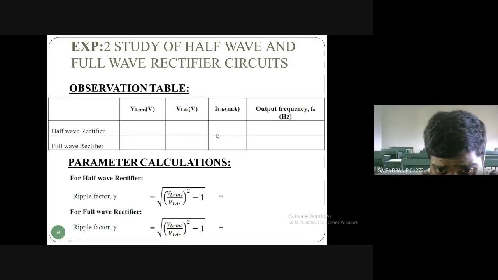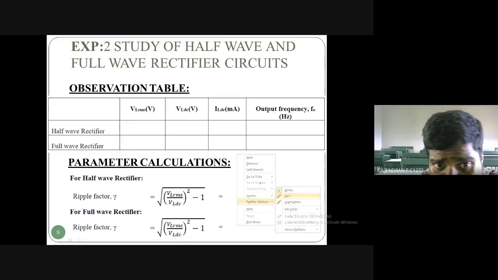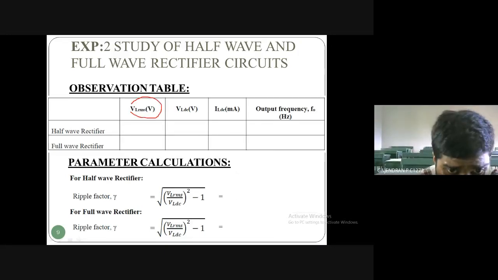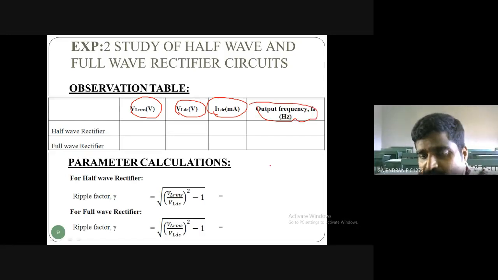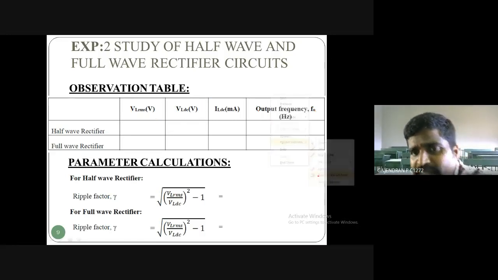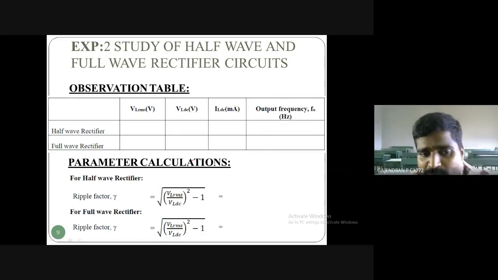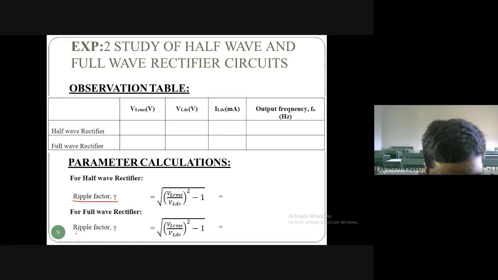These are all the quantities: load RMS value, then load DC voltage, then load DC current, then output frequency. Once you find these parameters, you can find the ripple factor.